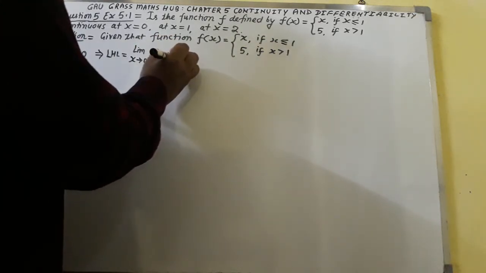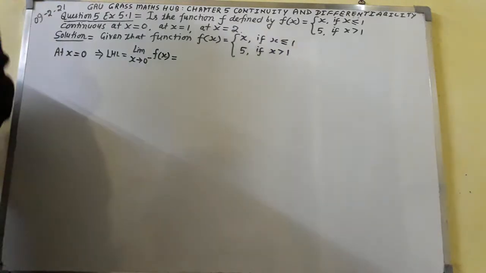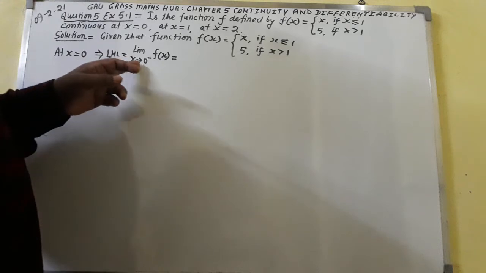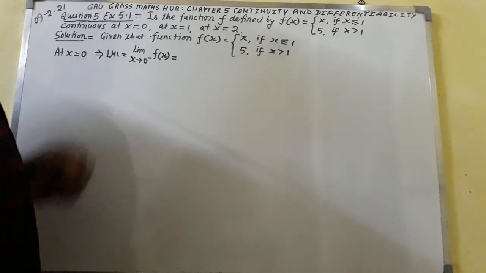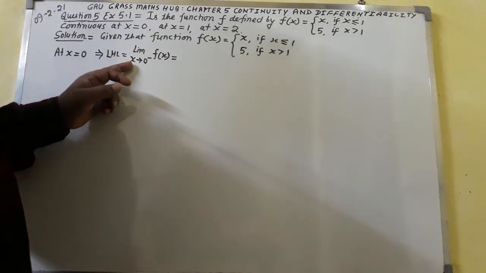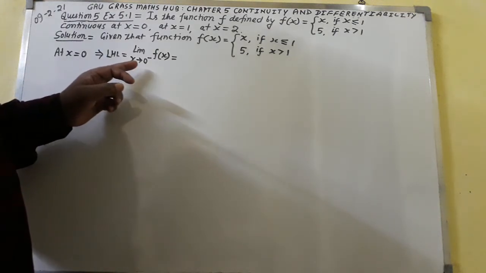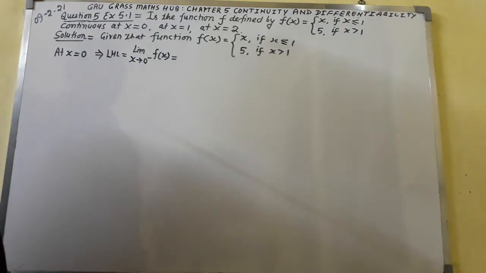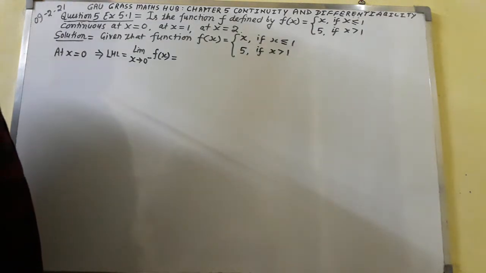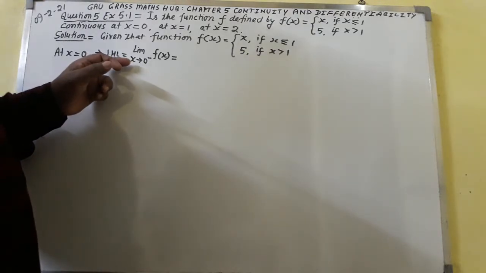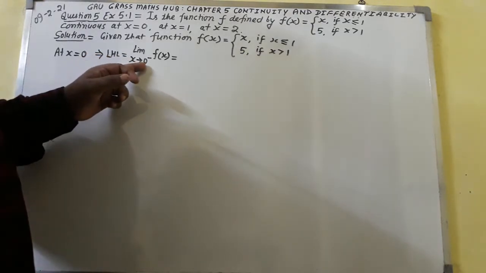equal to, here you can see x tends to 0 negative. This means that the value of x must be less than 0. So we have to choose the function in which the value of x is less than 0.